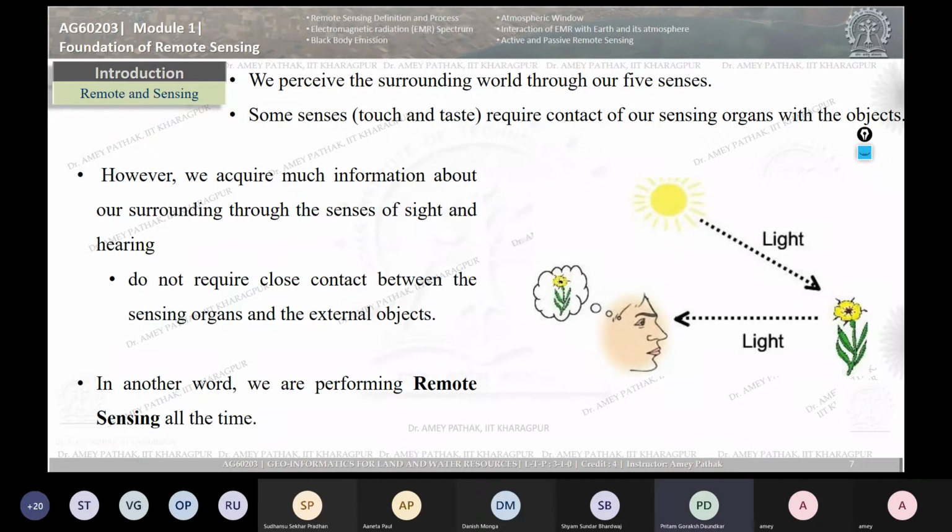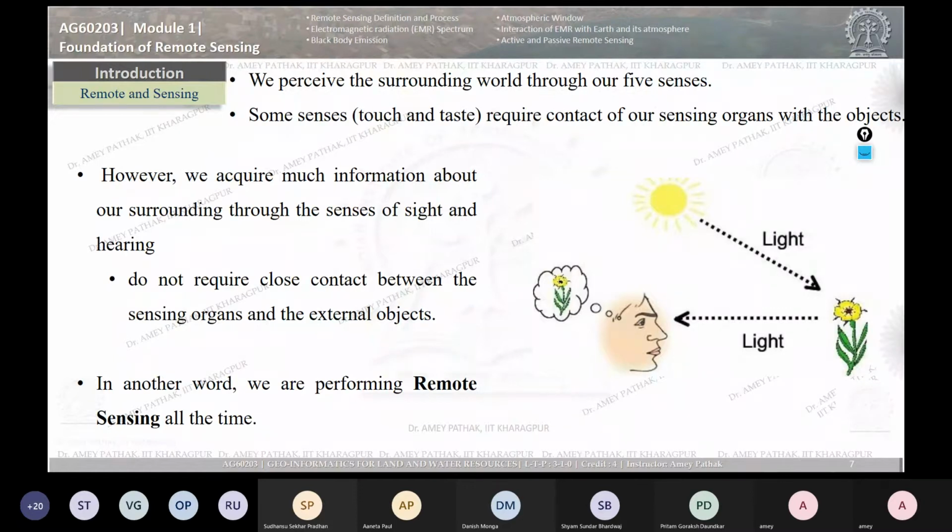When I say we are also performing remote sensing all the time, whenever we interact with reality, whenever you see anything, whenever you hear some noise, whenever someone says something, like I'm telling this now, this information is being recorded in your mind. You are sensing this by two sensors, one is your eye, another is your ear.